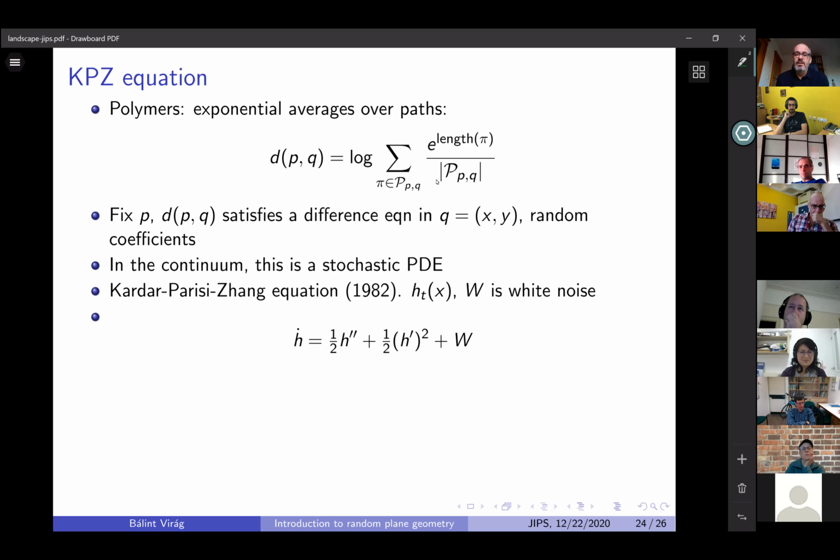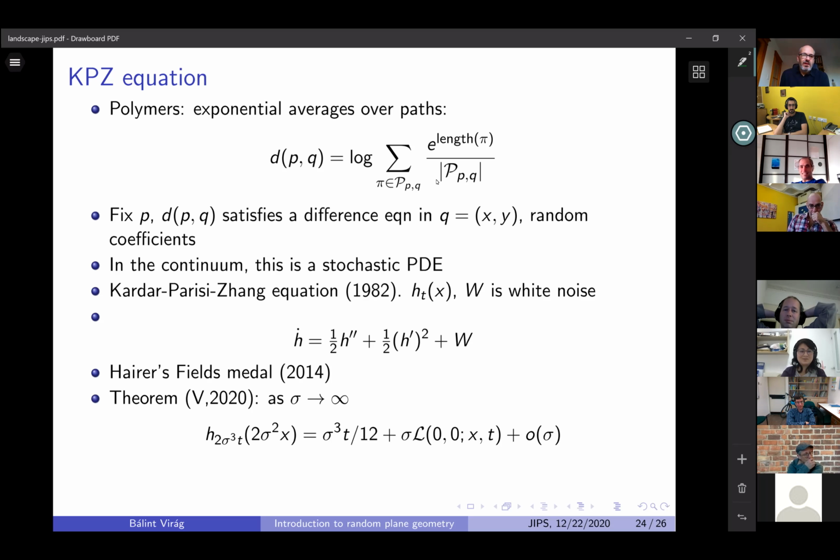That's a probabilistic interpretation of KPZ, and this is what the equation is. You can make sense of it in many ways. If you do it really well, you get the Fields medal, and that's what Martin did. Of course, he did much more.